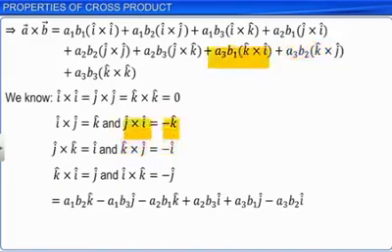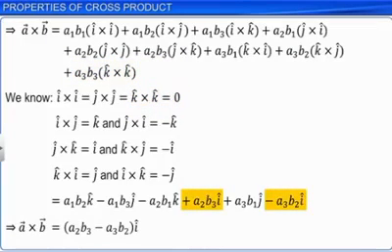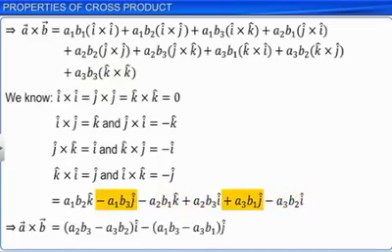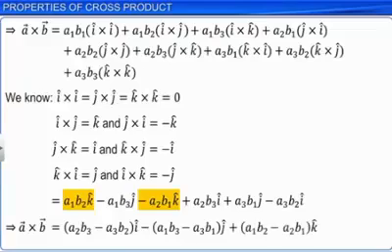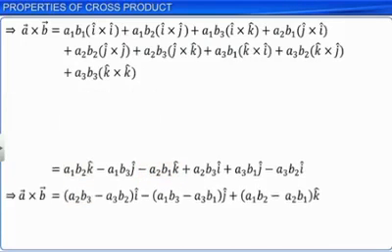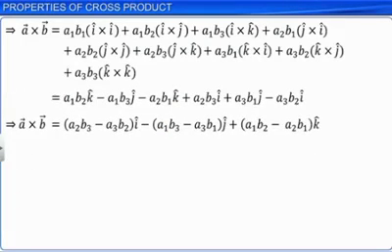On simplifying, we get the cross product of vectors A and B as shown. The cross product of two vectors A and B can also be expressed as a determinant as shown here.